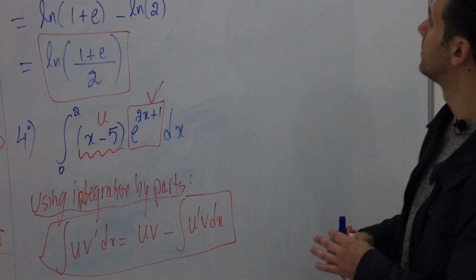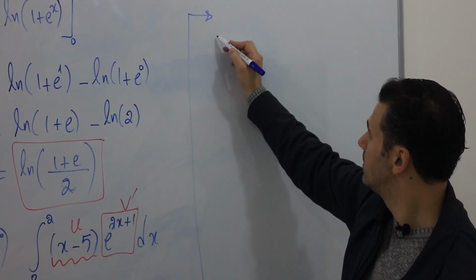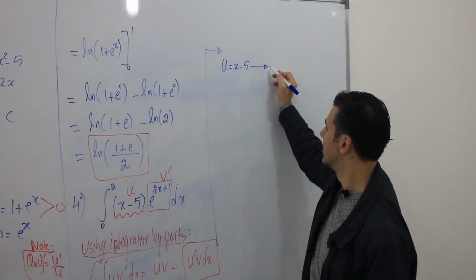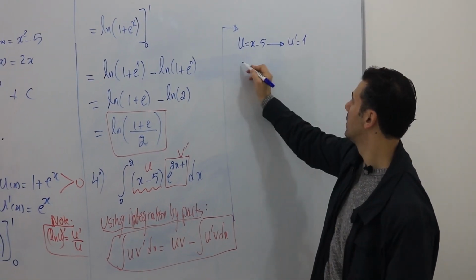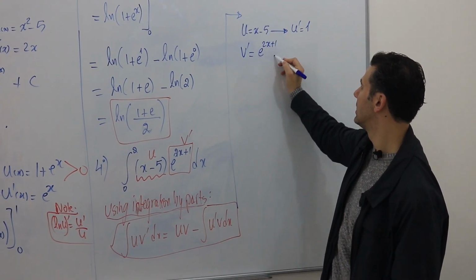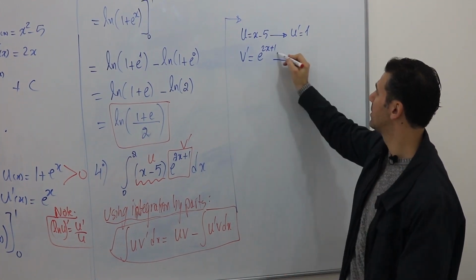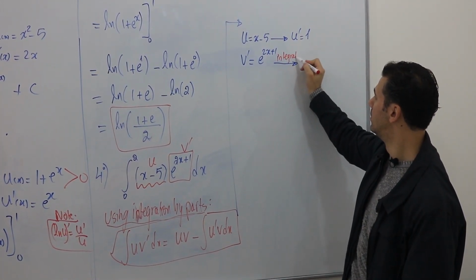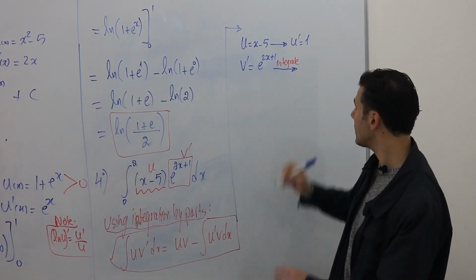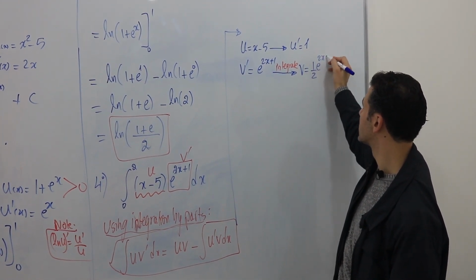According to this rule, we can continue. Let u equal x minus 5, then u prime will be 1, and v prime equals e to x plus 1. To get v we integrate, and as part 2 says, v will be 1 over 2 e to x plus 1.